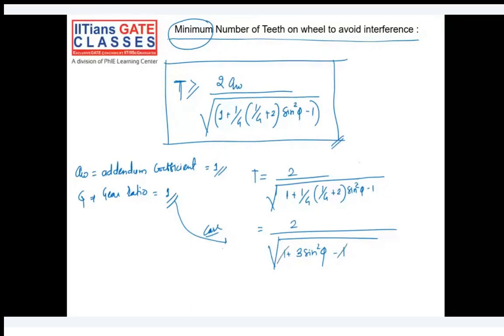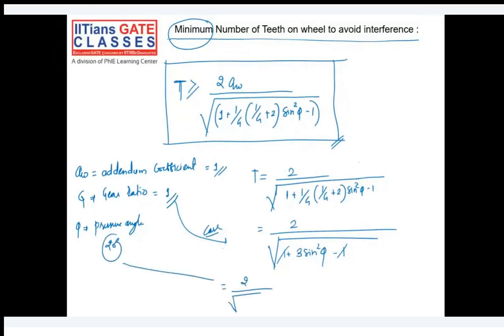Okay, and what is this phi here? It's the pressure angle. As I said, generally we use a 20° or 30° pressure angle. So let's say a 20° pressure angle will give you 2 divided by under root of 3 sin square 20, and if you calculate it, you will get around 12.31. 12.31 is not a whole number, so 13 is the rounded number.